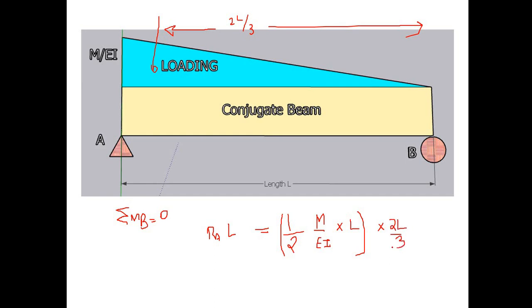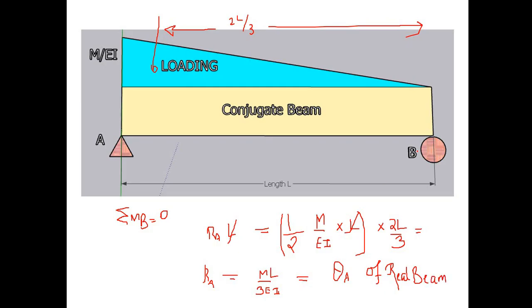So what you get finally is RA equal to ML by 3EI. This is equal to theta A of the real beam. We have found out theta A of the real beam.